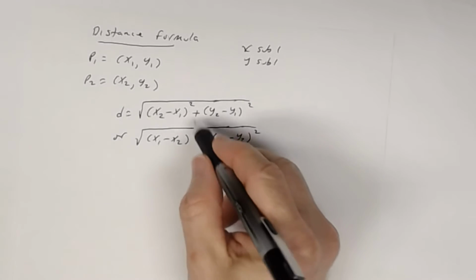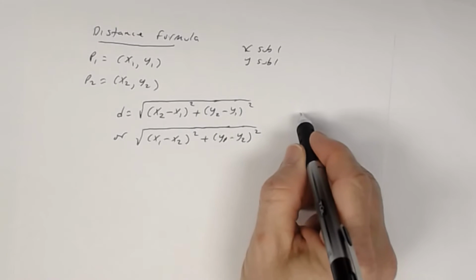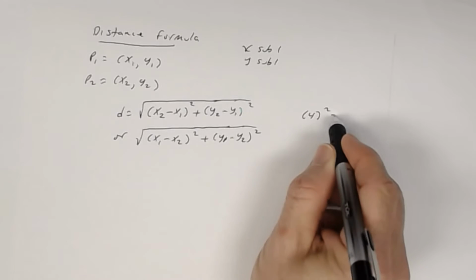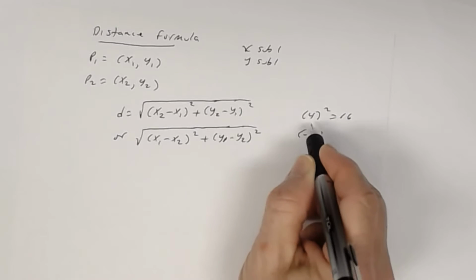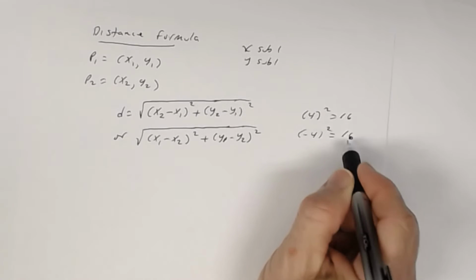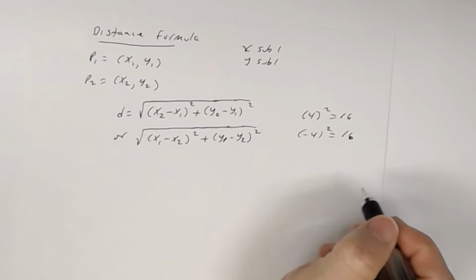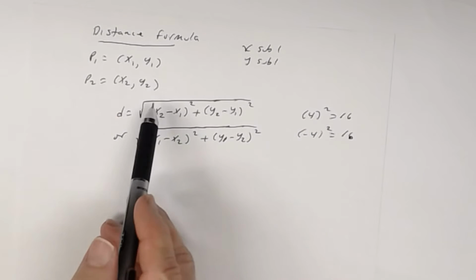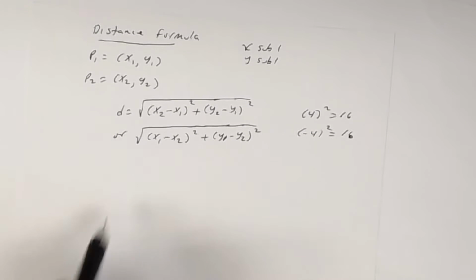When you square numbers that are opposites, for example, 4 squared is 16, and negative 4 squared is also 16, you get the same value. So the order in which you subtract the x coordinates or the y coordinates in the distance formula does not matter.